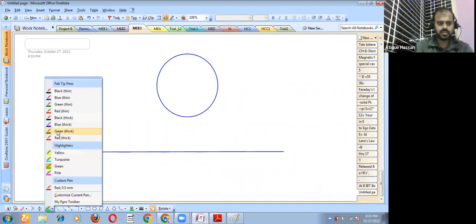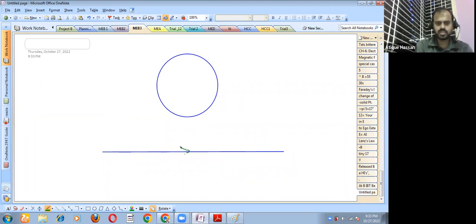Here it will depend upon whether the current is increasing or decreasing. So if current is increasing here, what should be the direction of induced current? Suppose we have a current carrying wire near the circular wire and current is increasing in the wire.